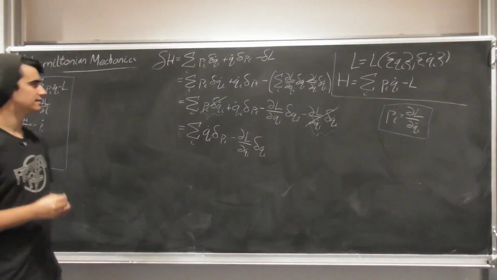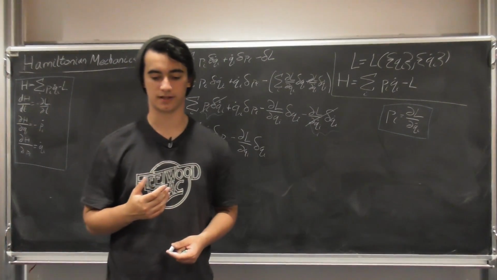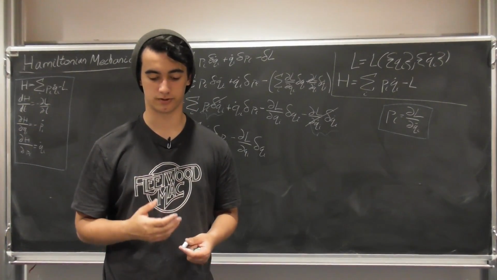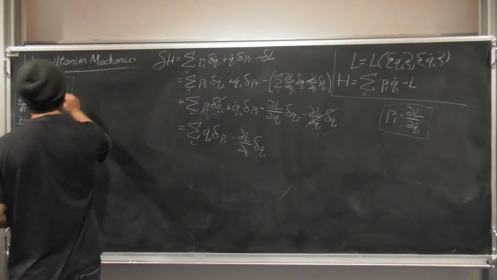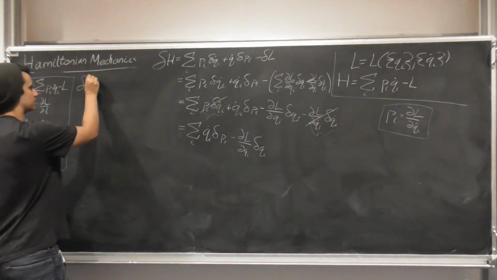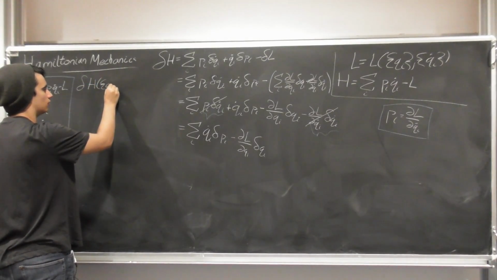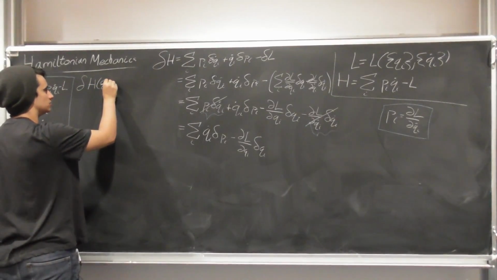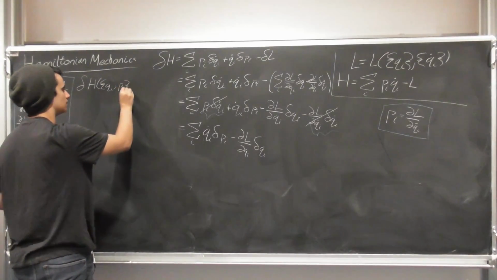Okay, so now let's have a look at another way of expressing the variation delta H, which is our normal way of doing it. So we have that H is a function of q sub i's and p sub i's.